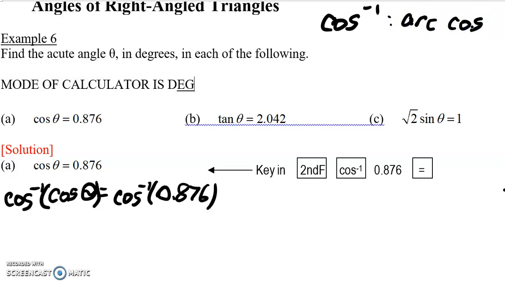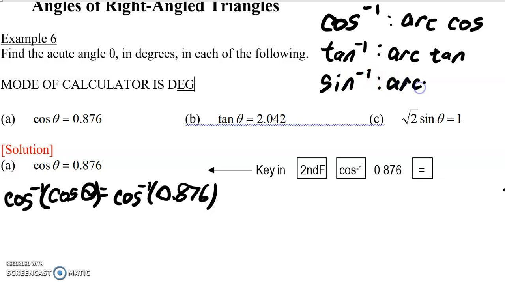Same case for tangent and sine before we proceed to part B and part C. This is called arc tangent, and the inverse of the sine function is arc sine. So please take note, we name these arc cosine, arc tangent, and arc sine instead of just calling them cosine inverse and the like.